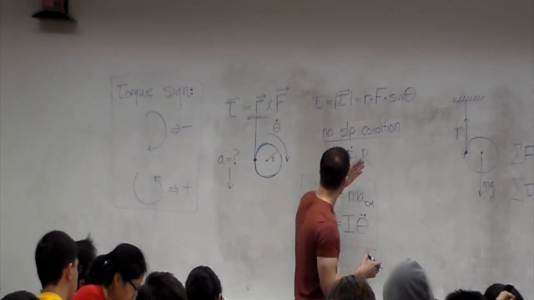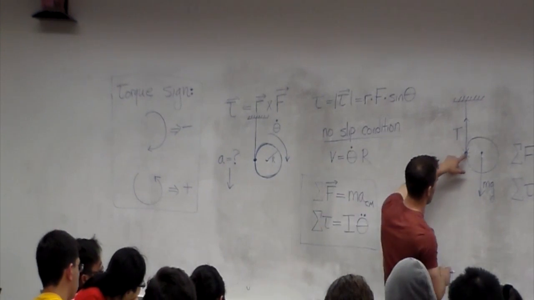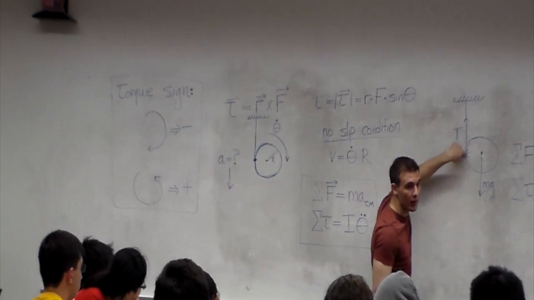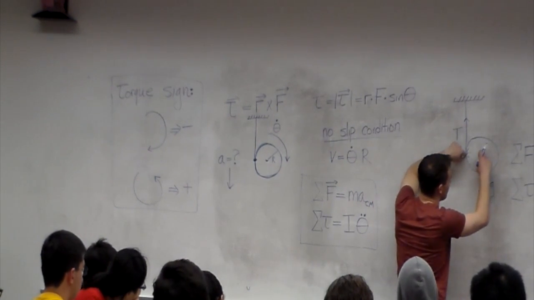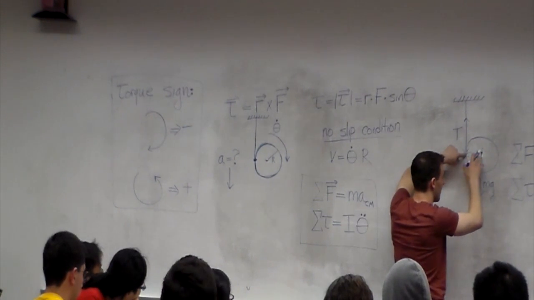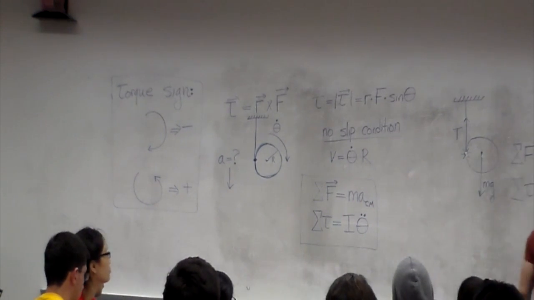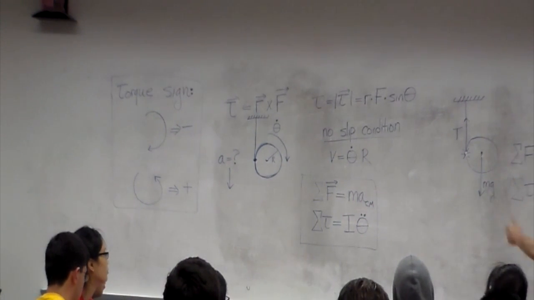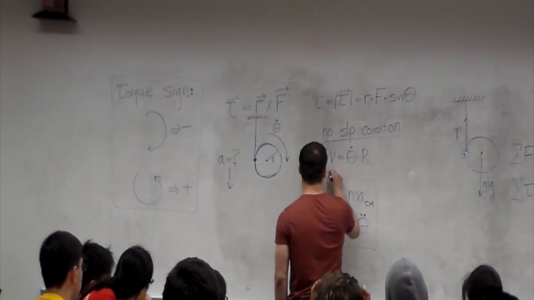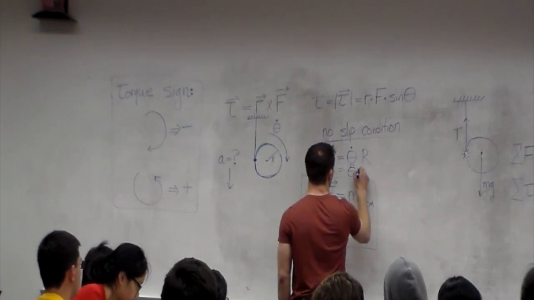But what is our no-slip condition here? If we make our axis this point, the velocity of this spot with respect to this point is going to be this. I can replace it, and the derivative as well. So alpha is equal to theta double dot, and A is equal to r theta double dot.